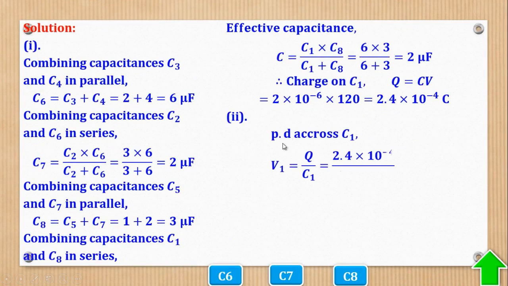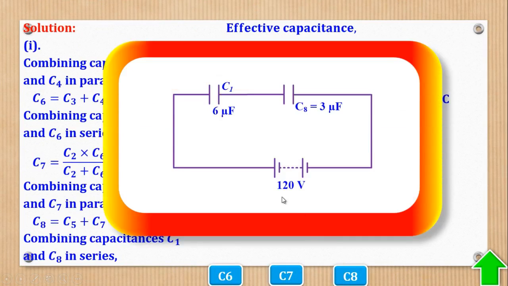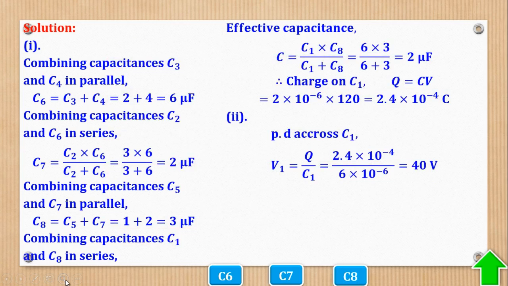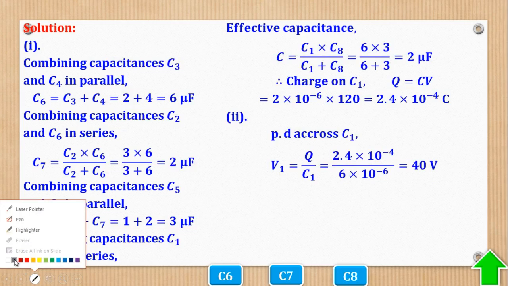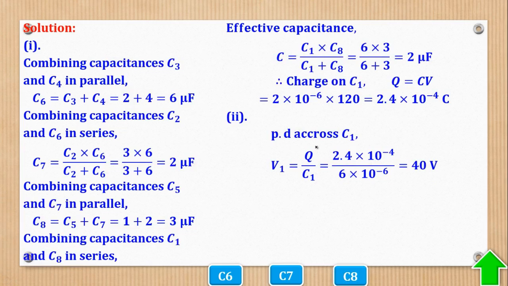So the PD across C1, if you look at this, will be equal to the charge over the capacitance, because I already know the charge, which is this, and I know the capacitance of C1. I can get the PD across C1, which is 40 volt.